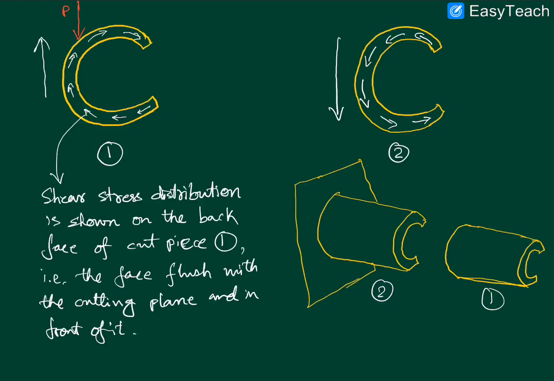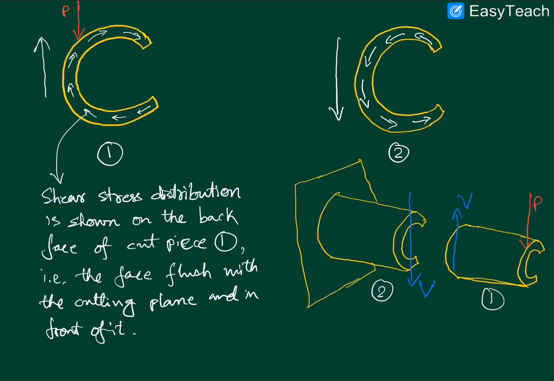Then if I have a shear force acting like this here, which is balancing this externally applied load, then on this face I must have a shear force which is opposite but equal in magnitude to this, and this downward pointing shear force is what will actually be the resultant of the contributions from this shear stress distribution.